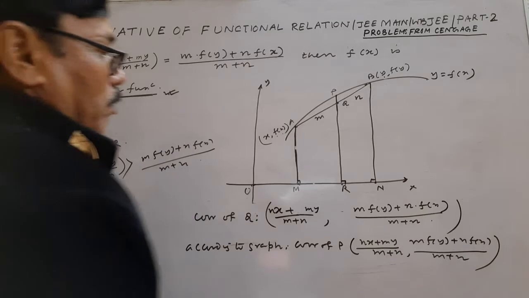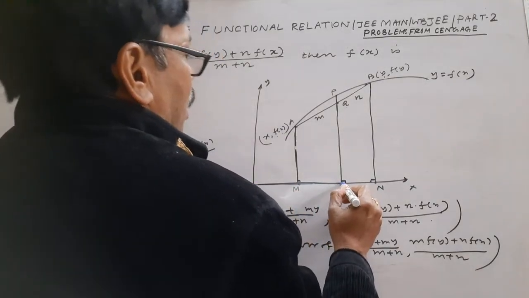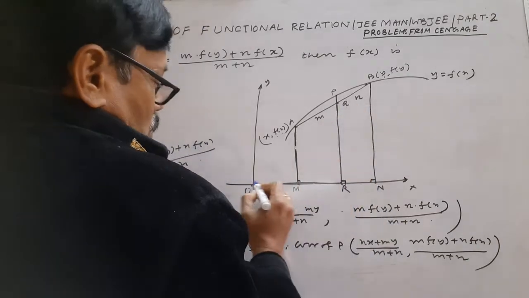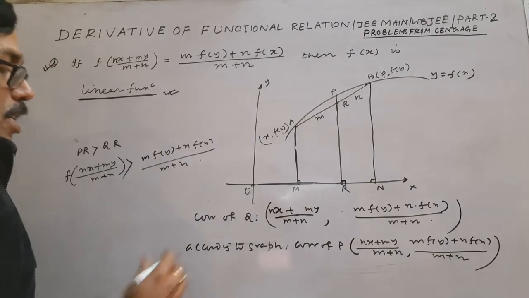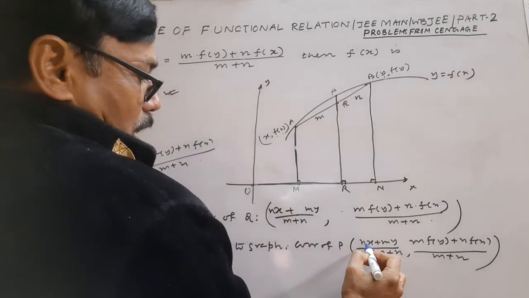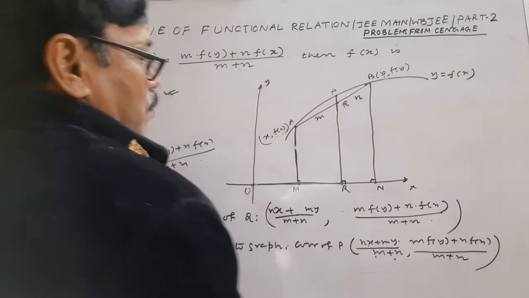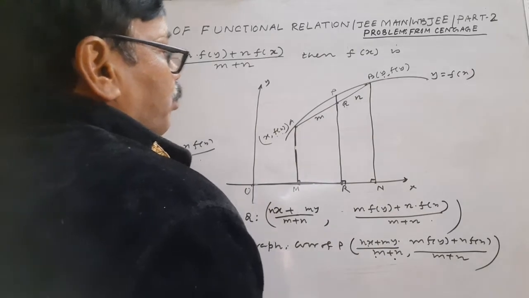Now from the graph, the coordinate of R is the same. So this is the abscissa for both P and Q. So what is the coordinate of P? The x coordinate of P is (nx + my)/(m + n).